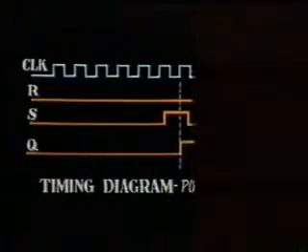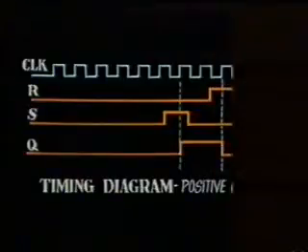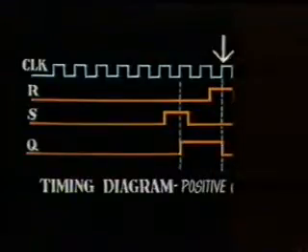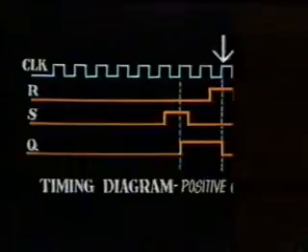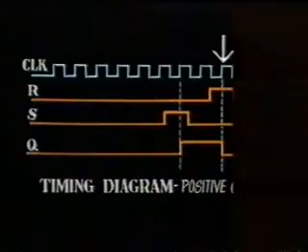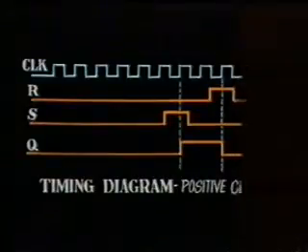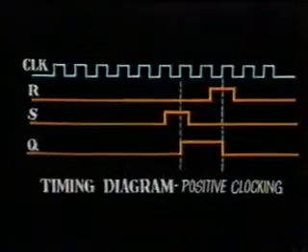With clock at 1 again, R at 1, S at 0, Q changes from state 1 to 0. Note that the flip-flop changes state only when the clock level is at 1. This is called positive clocking.